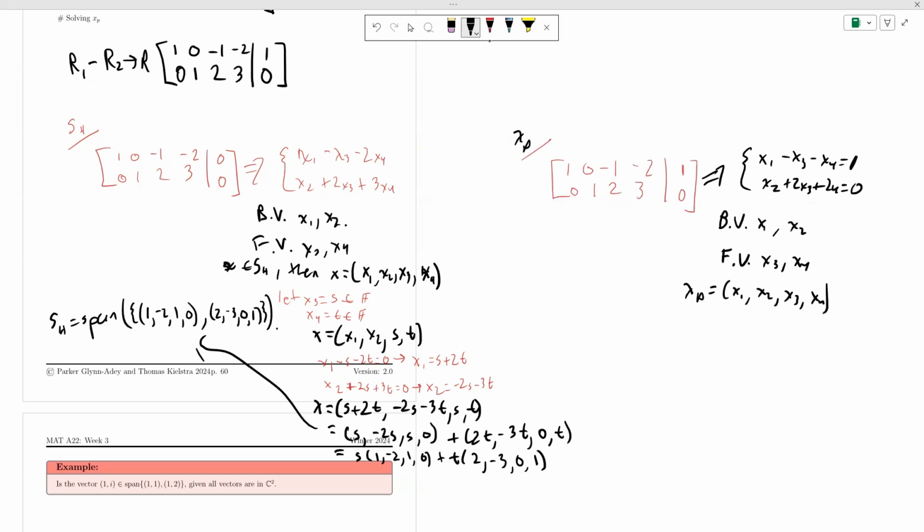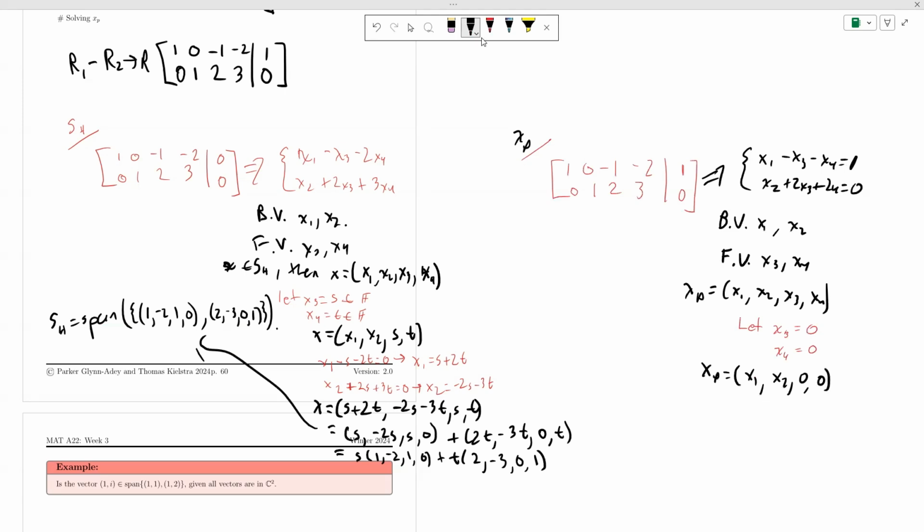And now what we can do is we can let our free variables be anything, but we're going to pick something really nice. x3 equals 0, x4 equals 0. You could pick anything, but the nicest thing is 0. And then we update our vector. So xp equals x1, x2, 0, 0.